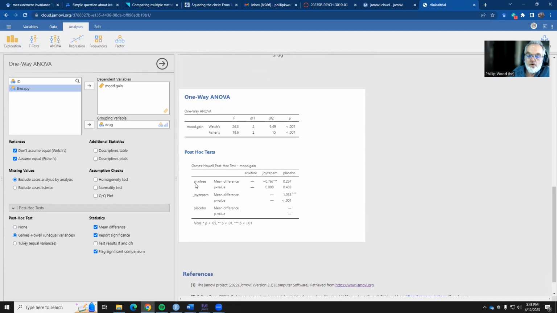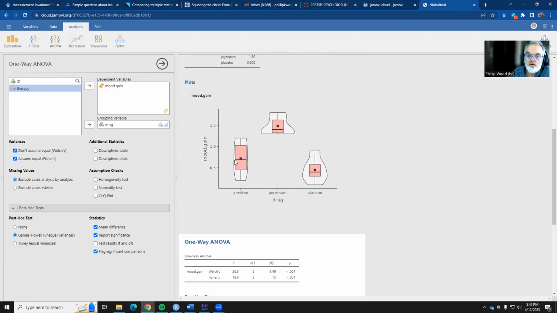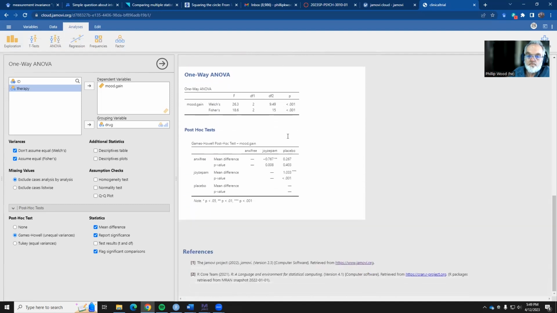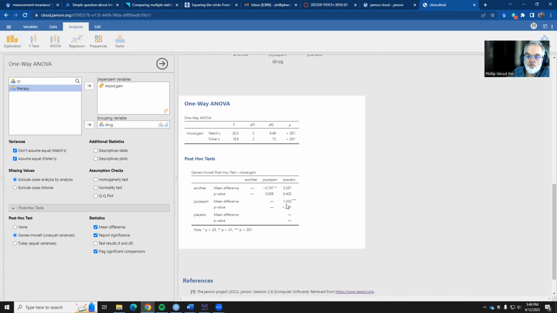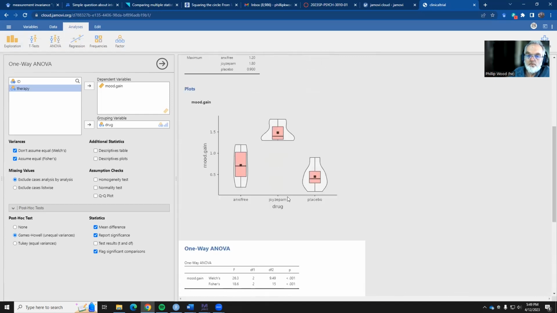So on this first row, anxiety-free scored 7.67 lower than joyzepam, and anxiety-free scored 2.67 higher than the placebo. That matches our picture: anxiety-free scored higher than a placebo, and it scored lower than joyzepam. Secondly, that's comparing anxiety-free with the other two, and then I can compare joyzepam with placebo. Well, that scored 1.33 higher than the placebo.